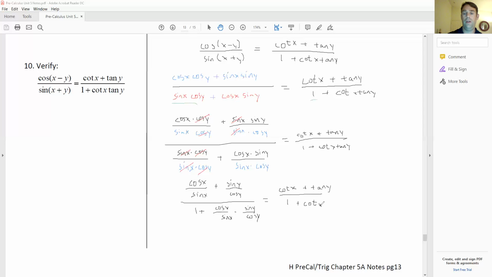All right, and now we have our final thing. We have just a little bit of trig substitutions here. So cosine x over sine x would end up being cotangent of x. Sine y over cosine y, that would be tangent of y.